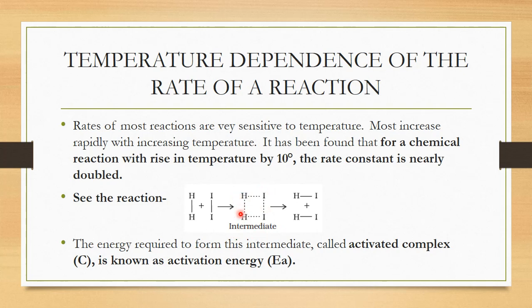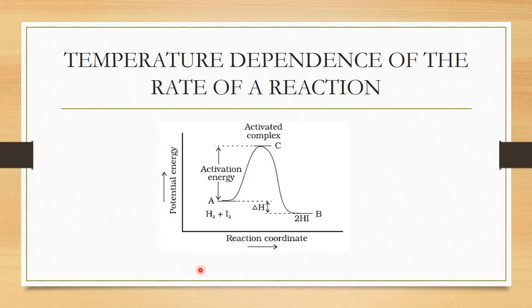The bonds between H-H and I-I are in the process of breaking and between H and I are in the process of making. Energy required to form this intermediate, the activated complex, is called activation energy.